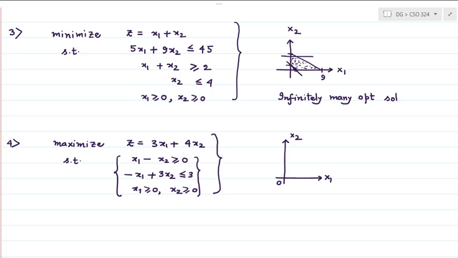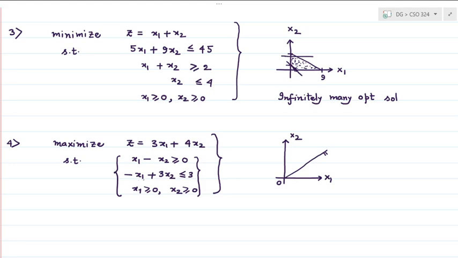For this problem, if we quickly try to find the feasible region, you will find that here is your x1 minus x2 greater than or equal to 0. Here is the line x1 is equal to x2, and x1 is bigger, and therefore the region is this side.